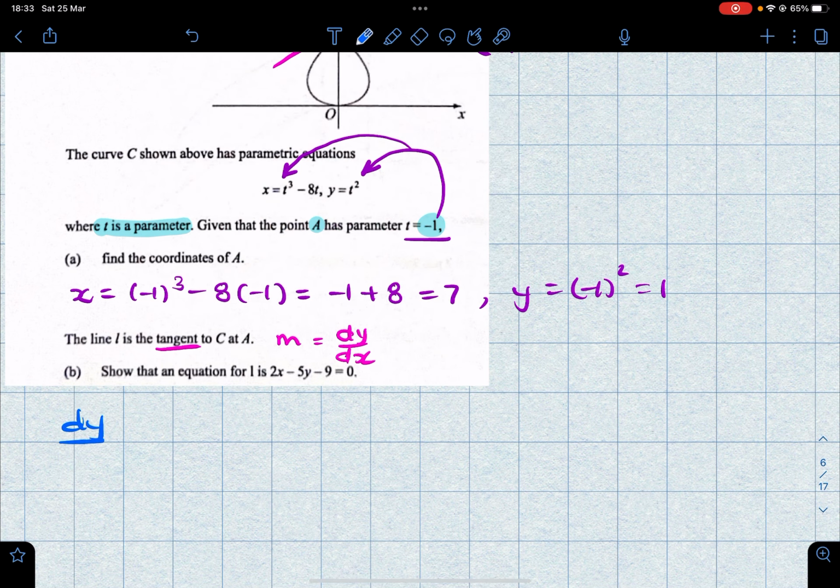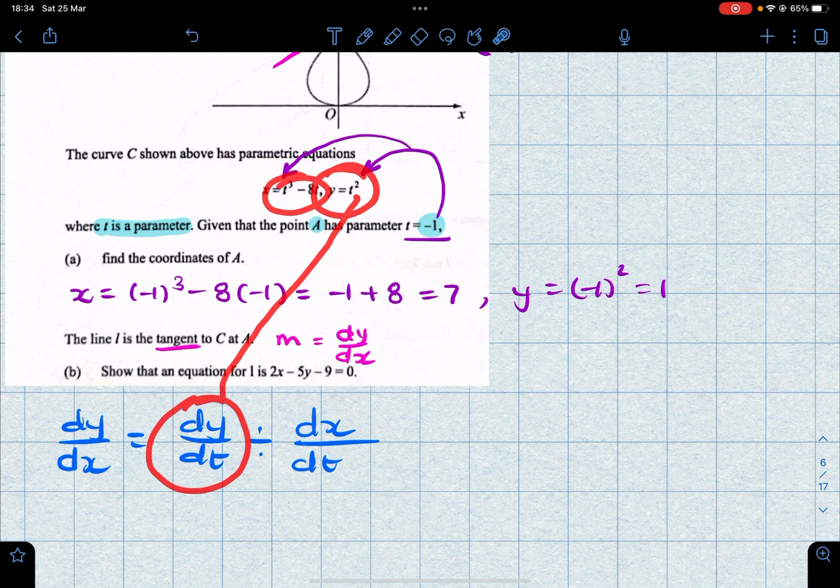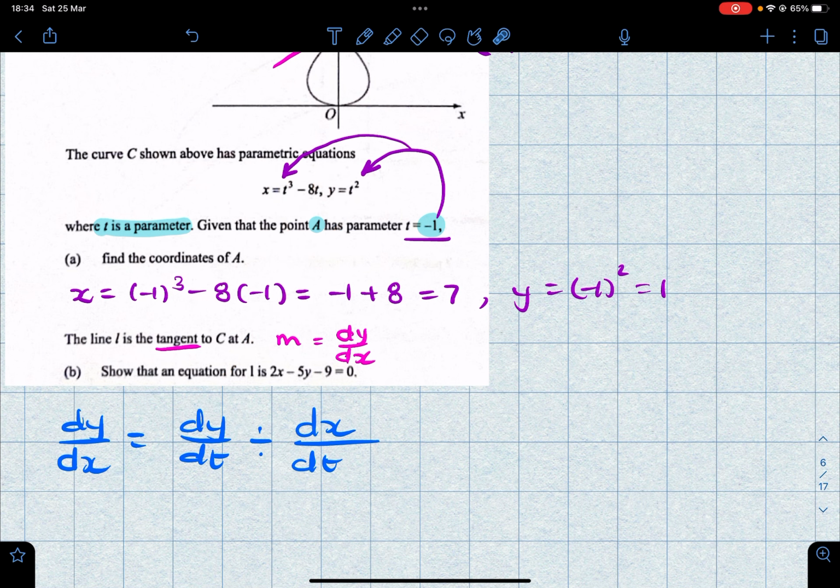So we'll say dy by dx equals dy by dt, that's the derivative of that, divided by dx by dt, which is the derivative of that.